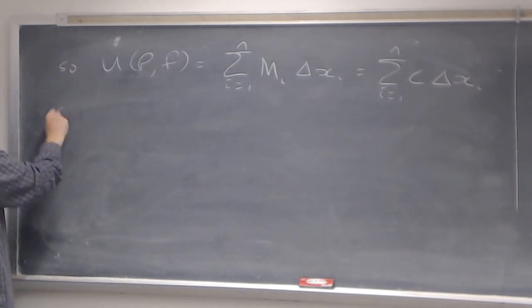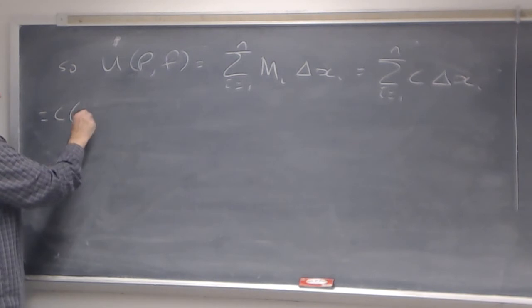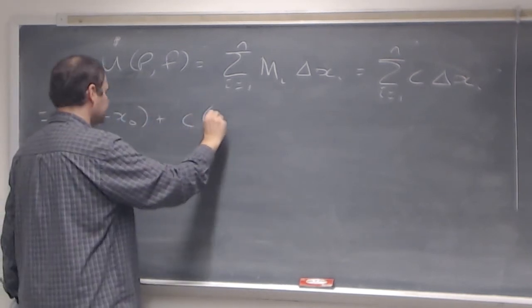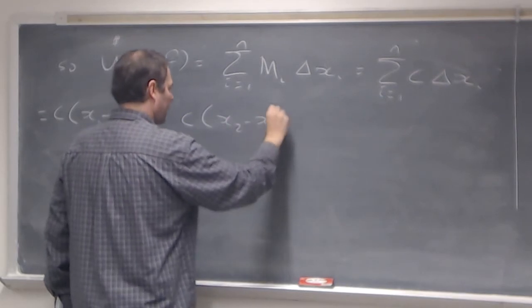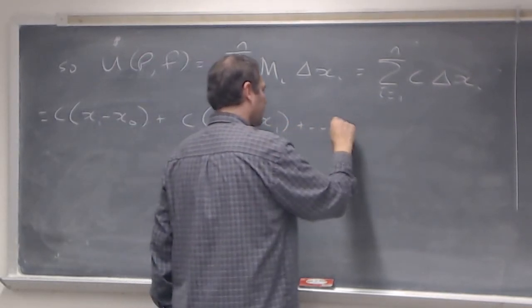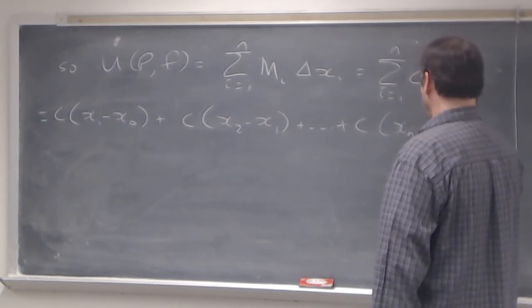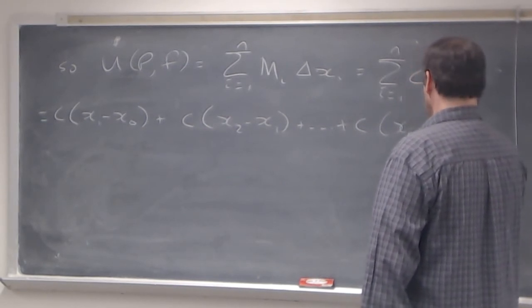So let's expand this. It's C times x sub 1 minus x sub 0, plus C times x sub 2 minus x sub 1, plus we keep going, and the last term is C times x sub n minus x sub n minus 1.